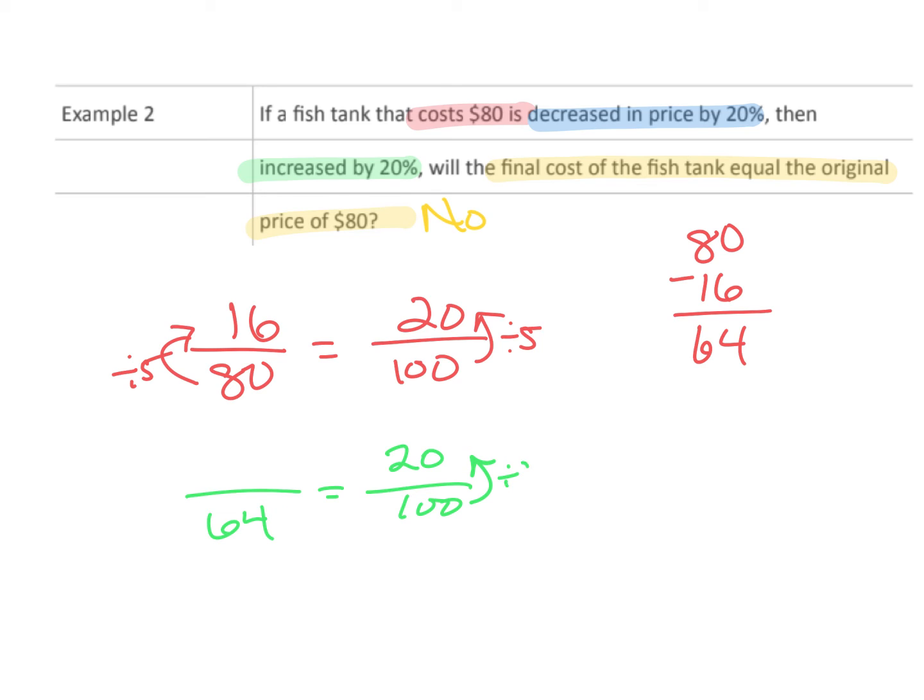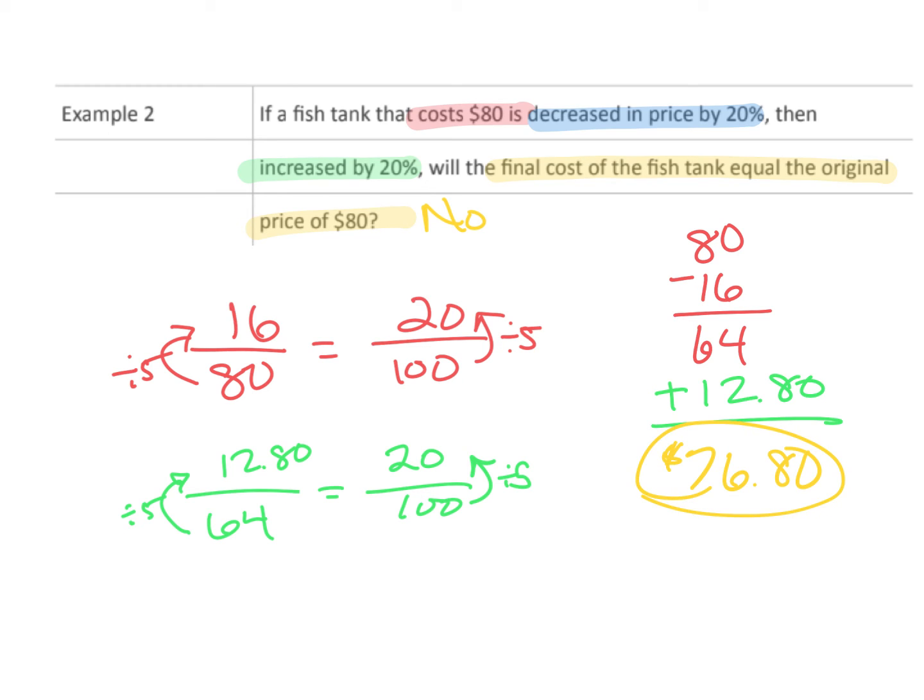So again, we're going to divide by 5. Now, 64 divided by 5 is going to give us $12.80. So now we increase it by $12.80. Our price is going to be $76.80. So this is not back up to our original of $80. That's why it's important that we do all the steps in a multi-step problem.